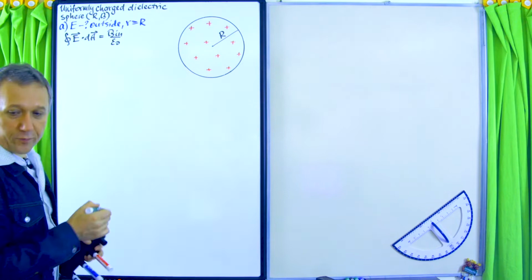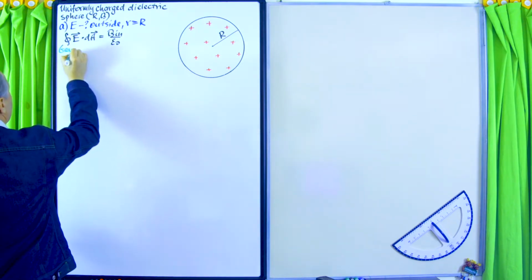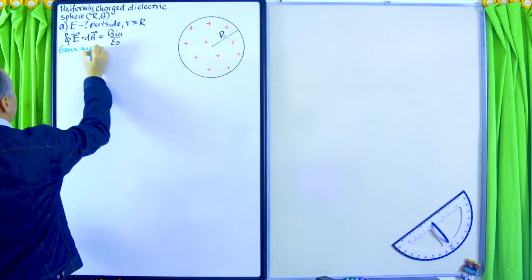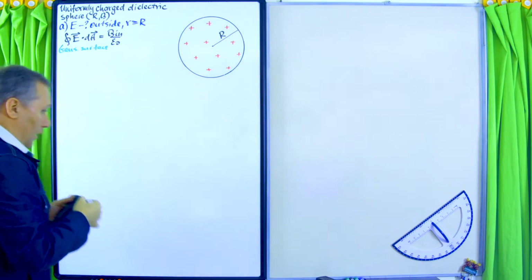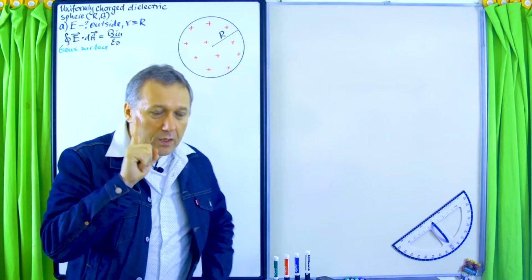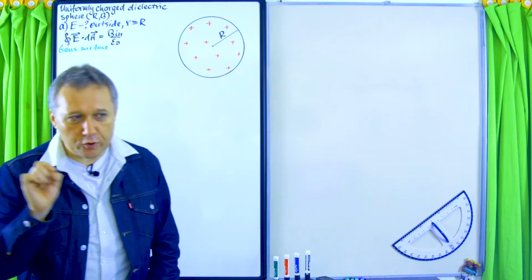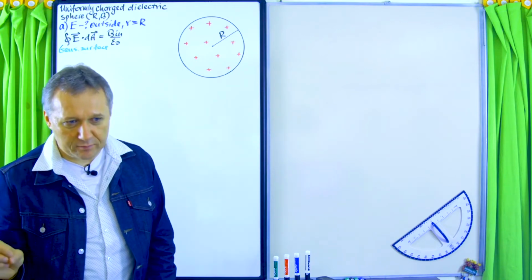Okay, which surface can be used as Gaussian? Let me first write a Gaussian surface. Okay, which surface? First of all, the Gaussian surface must be in the region where you want to find the electric field. It makes sense.